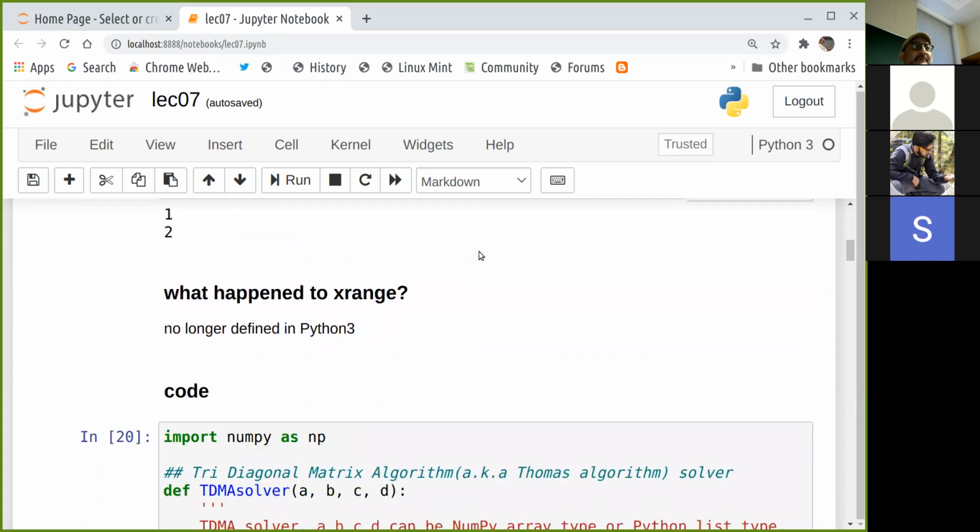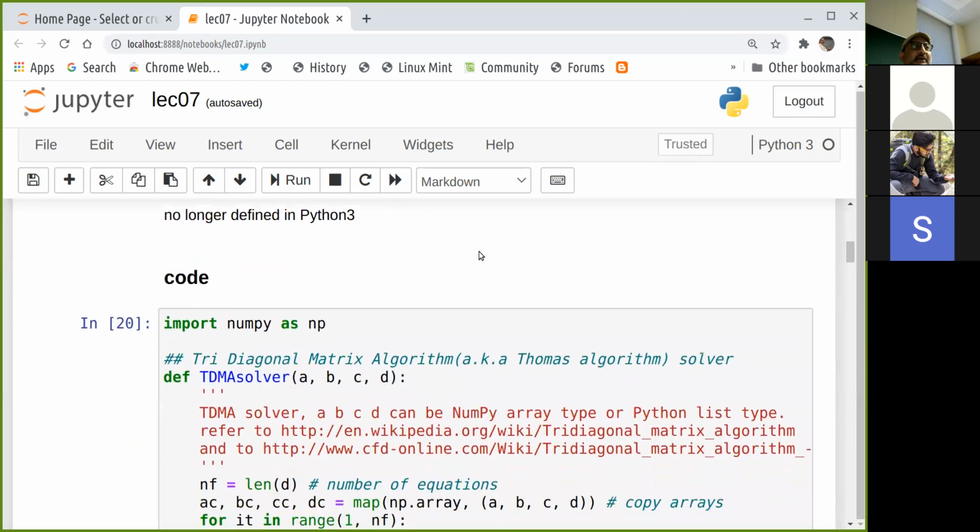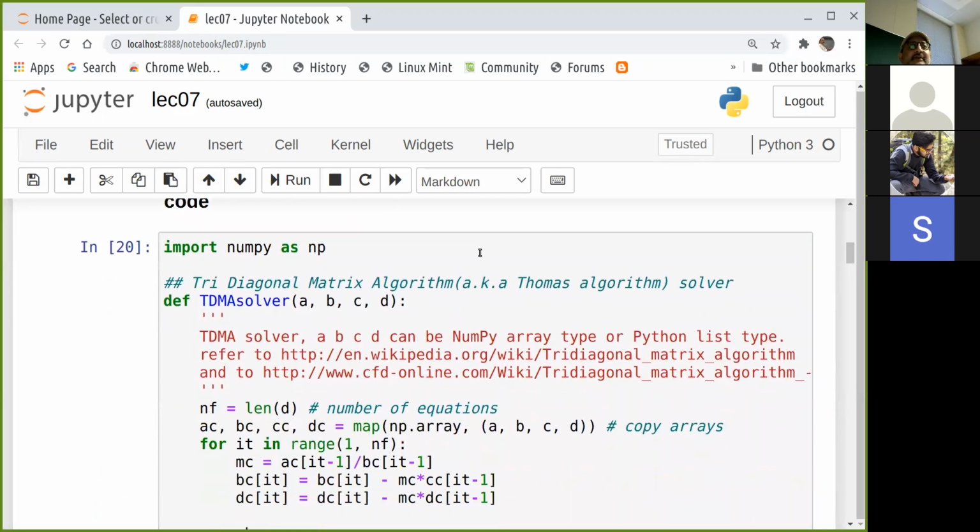So here we have this code that I've taken from the source I've given you. It uses the Thomas algorithm to do tridiagonal matrices.